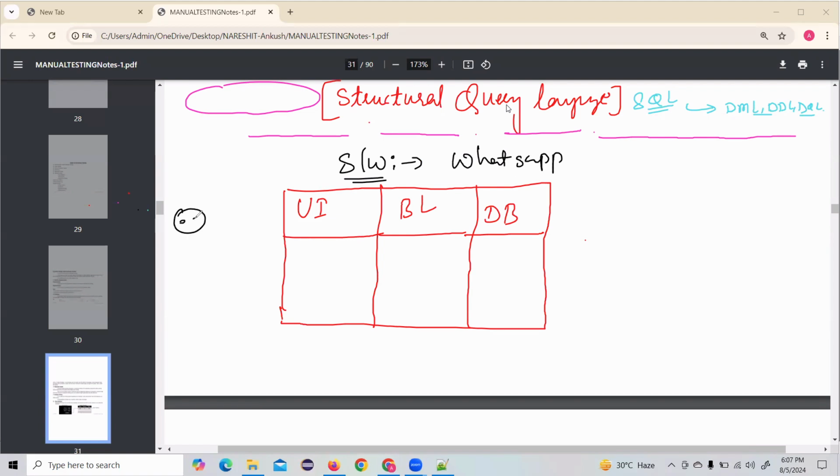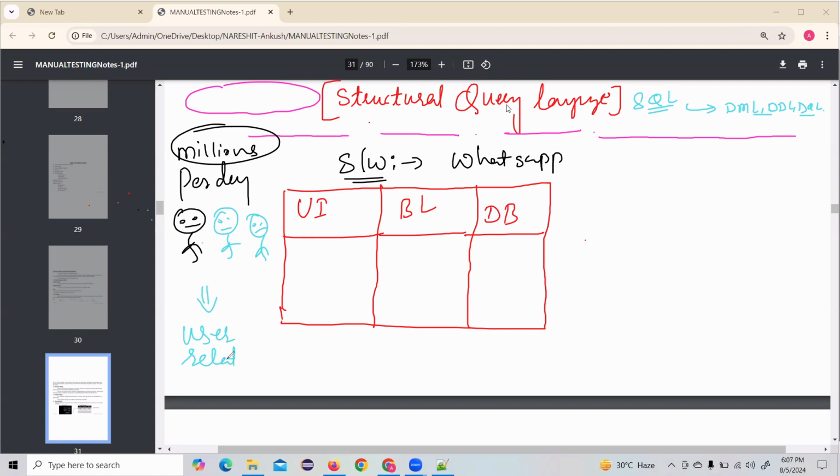Now one user is using it. How many users will use WhatsApp per day? I told you, millions of people. I have a question. One user, second user, third user, all this user related data, which data? That user related data will be stored inside the database layer.